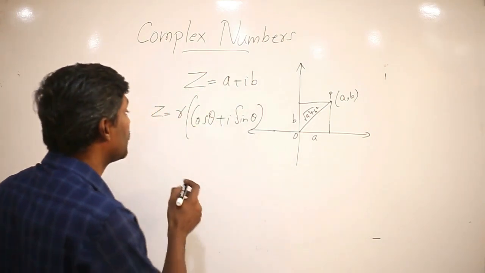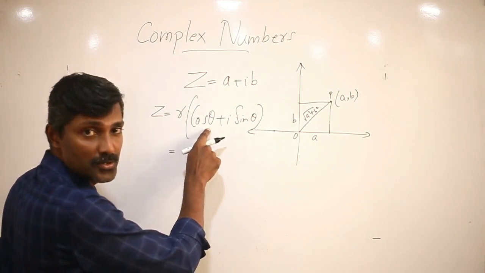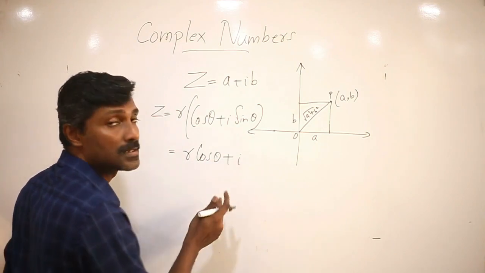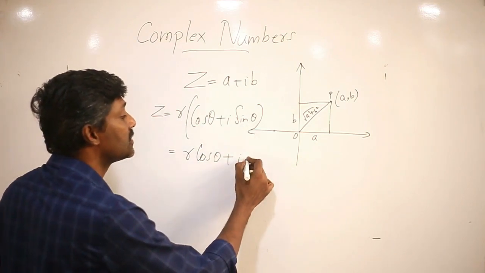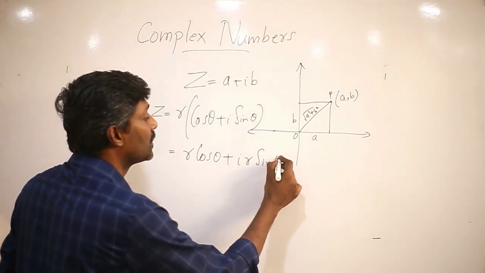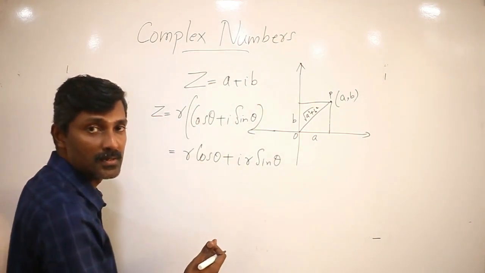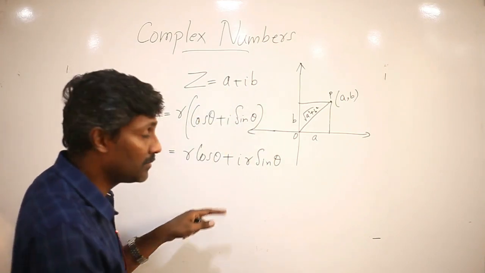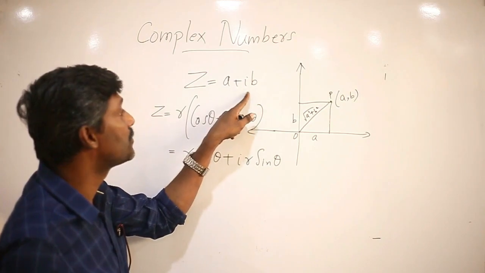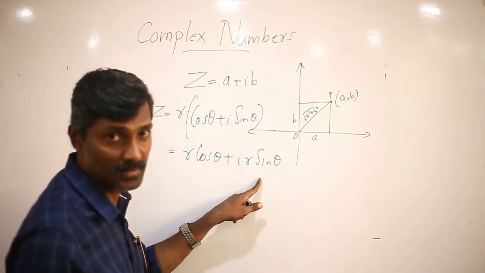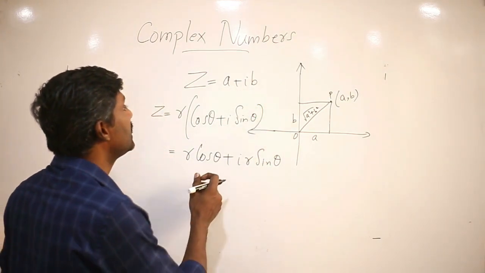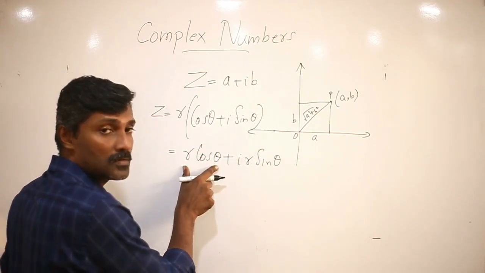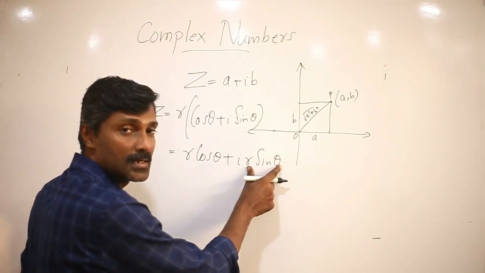If I open the bracket, I get r into cos theta, which is the first term, plus I will write i first and then r into sin theta, we get i r sin theta, right? So comparing these two terms, we get the real part a is equal to r cos theta and the imaginary part b is equal to r sin theta. And if you see, r cos theta is the real part and r sin theta is the imaginary part.